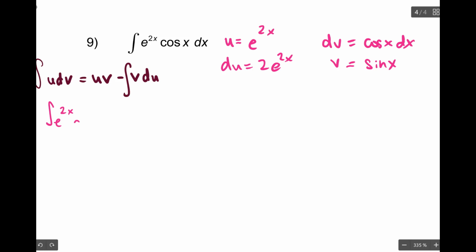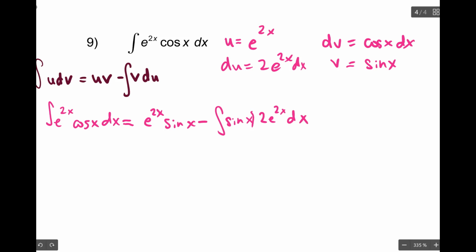The integral of e to the 2x cosine x dx equals u times v, so e to the 2x times sine x, minus the integral of v, sine x, times du, which is 2 e to the 2x dx. So this 2 can go out front because you're multiplying it.